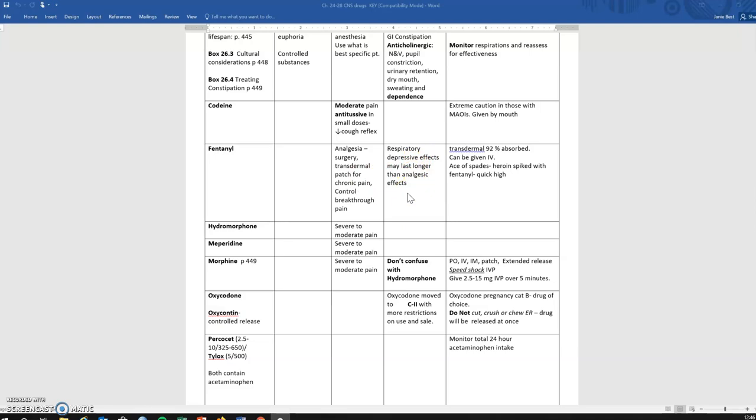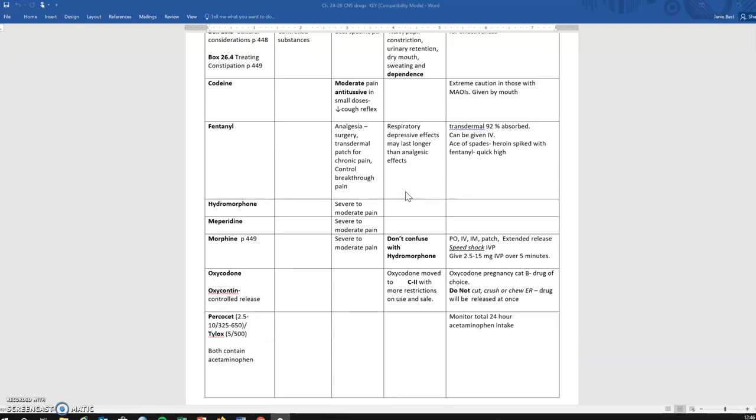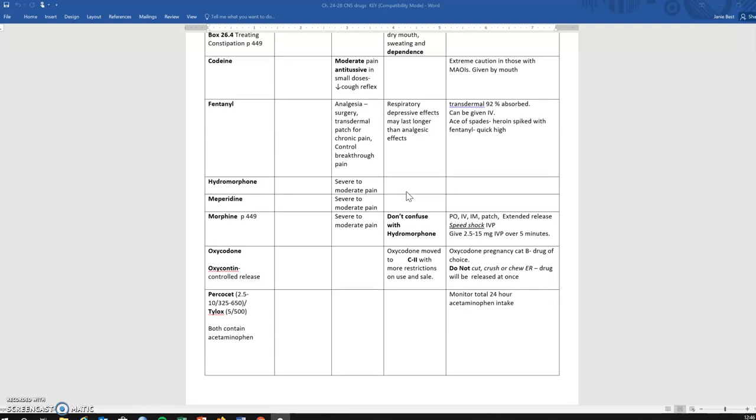It is being very much abused in the nation these days and can be spiked with heroin to give a quick high, and patients who take fentanyl illegally often have severe respiratory depression and adverse outcomes.